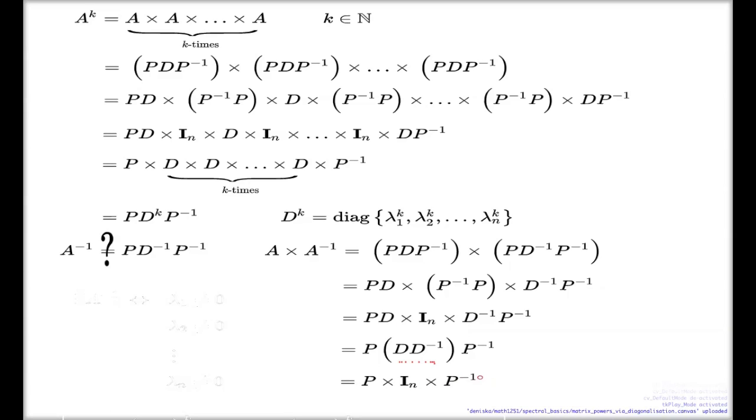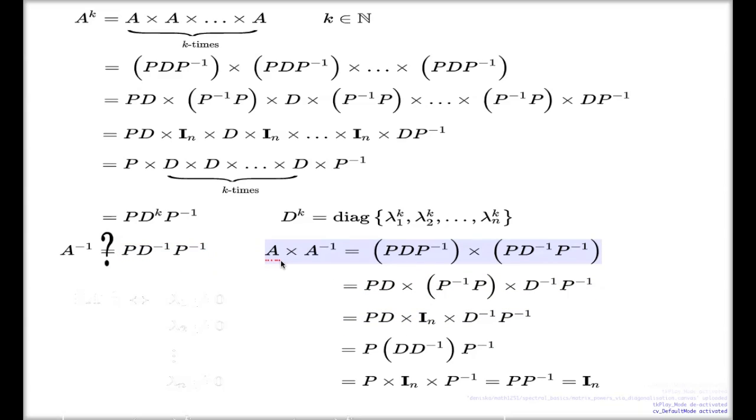Again, you can drop the second identity. And the P and P inverse which are left, they also go into the identity matrix. And that's my argument why such a choice of a matrix will play the role of the inverse for the matrix A.